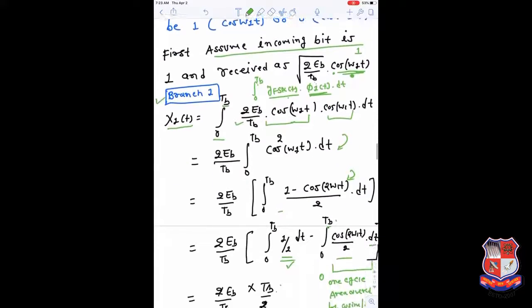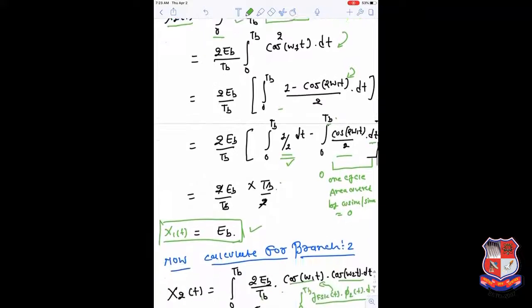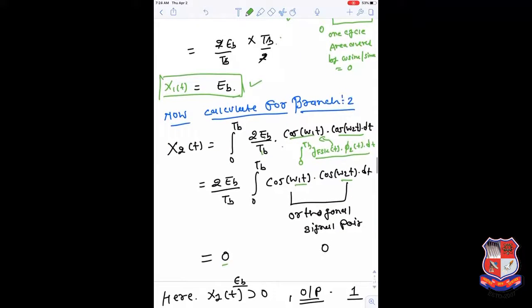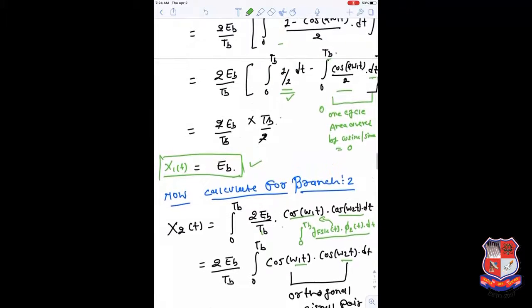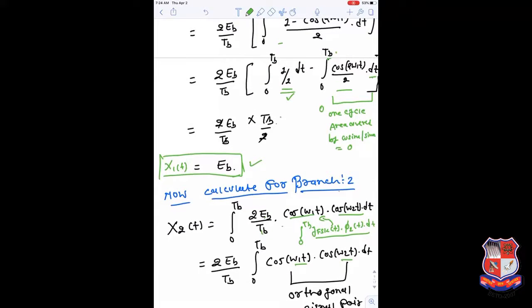Now consider the second case, where the same signal is received, and we analyze the signal output at branch 2. So we are interested in x2 of t. Receiving the same signal, from 0 to T, the incoming signal y FSK of t is multiplied with phi 2 of t here.